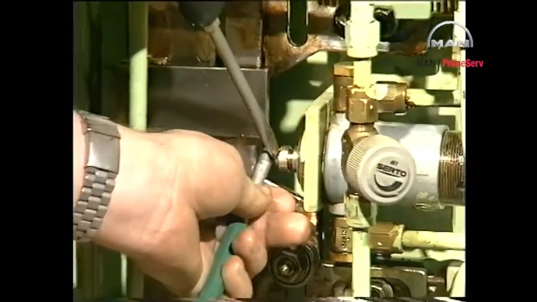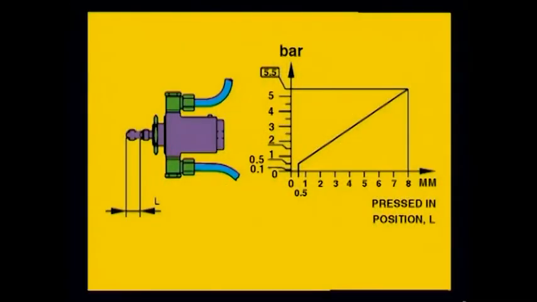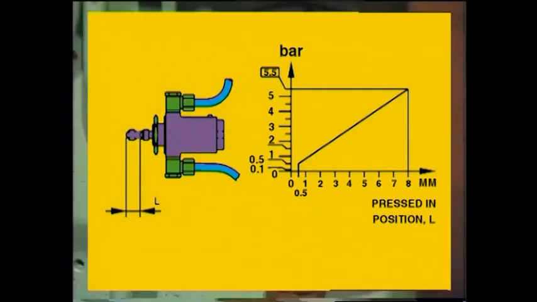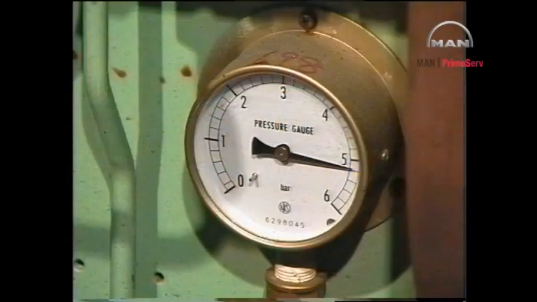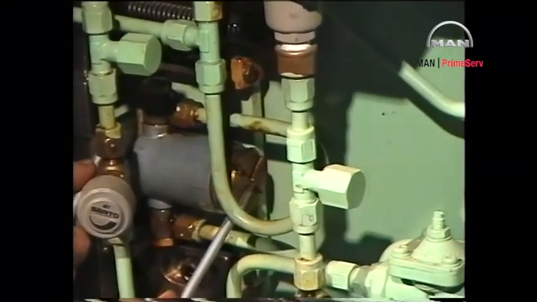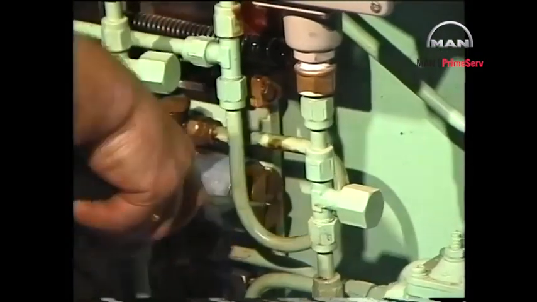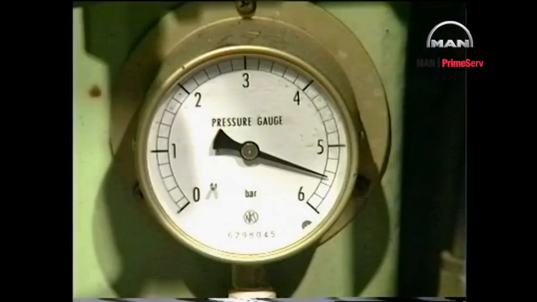If the control air pressure deviates from 5.5 bar, loosen the lock screw and turn the spring retainer cap of the pilot valve until the pressure, which can be read on the pressure gauge on the engine side control console, reads 5.5 bar. Note that it will not be possible to obtain the correct pressure if the throttle non-return valve is not fully open.